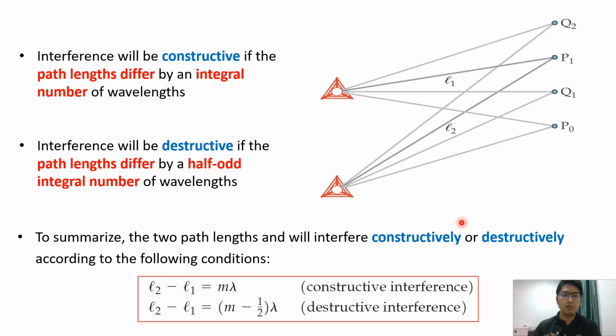So interference will be constructive if the path lengths differ by an integral number of wavelengths, and interference will be destructive if the path lengths differ by a half-odd integral number of wavelengths.